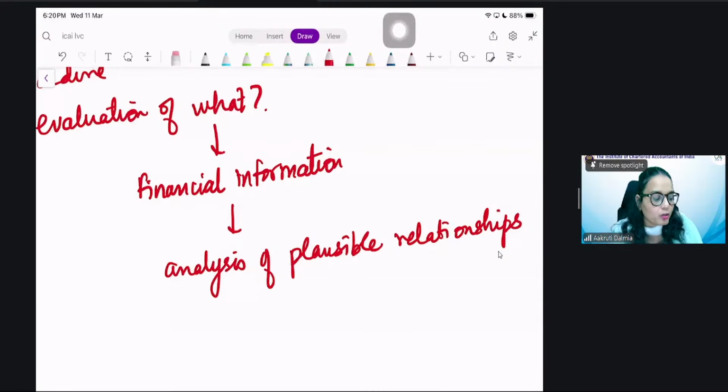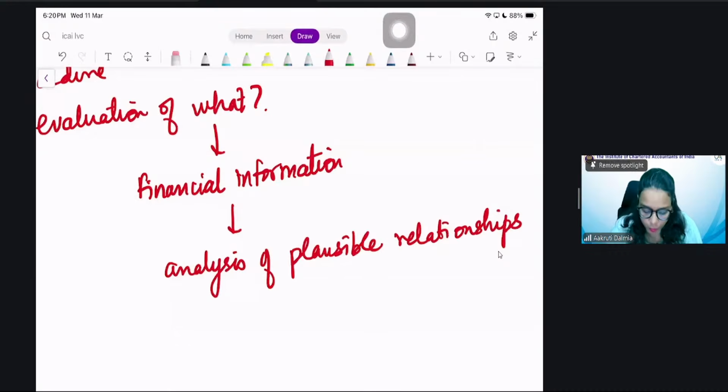If I'm a manufacturing company like a cottage industry, number of units produced, does it have a relationship with total wages and total number of workers? Does credit sales have a relationship with total sales? So what are these? These are different relationships.